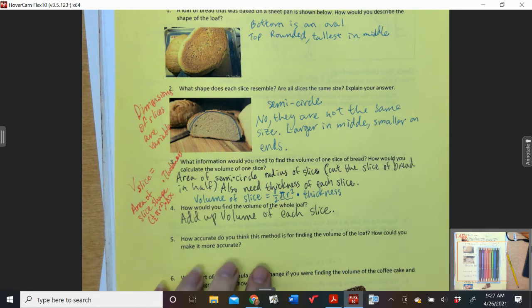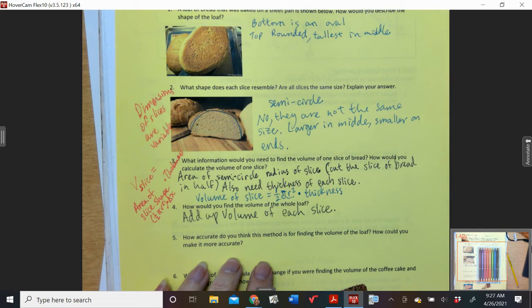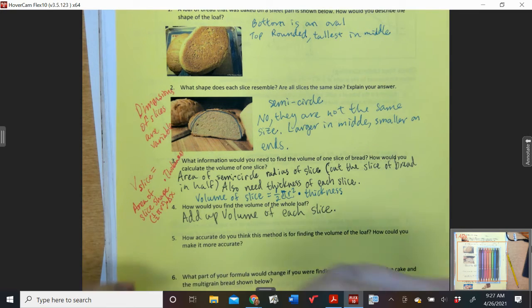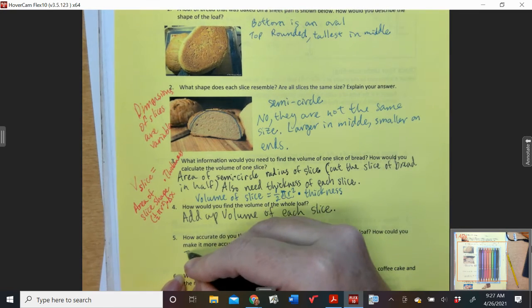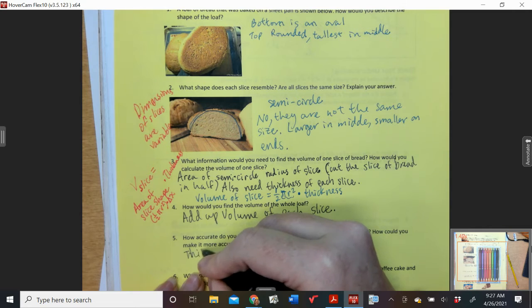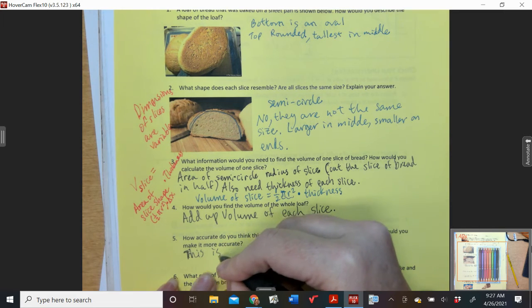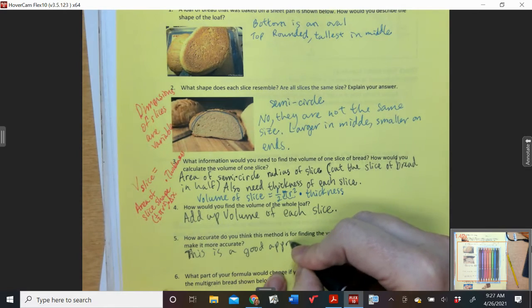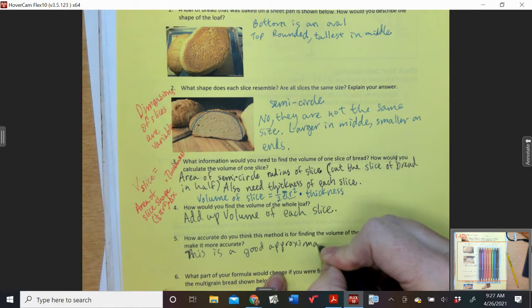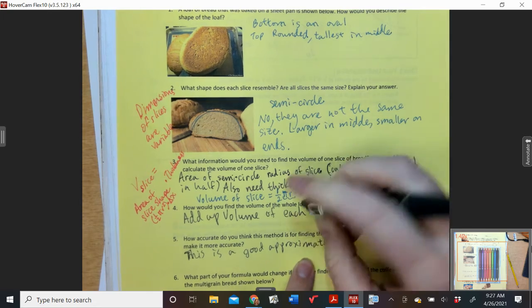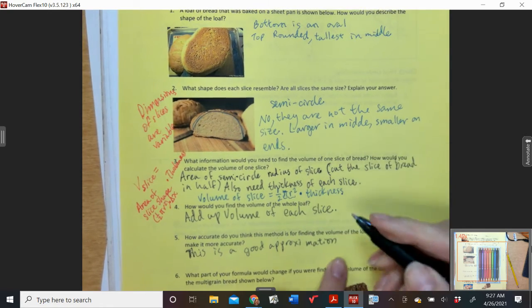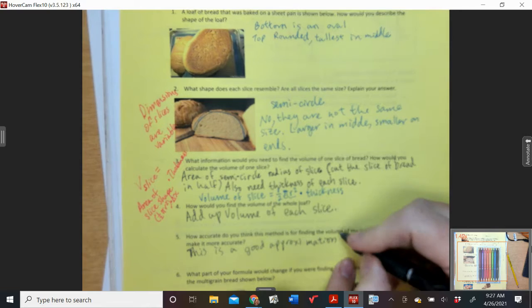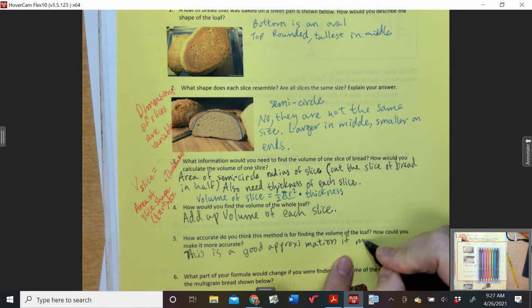How accurate do you think this method is for finding the volume of a loaf? How could you make it more accurate? It's pretty good. This is a good estimate, an approximation.